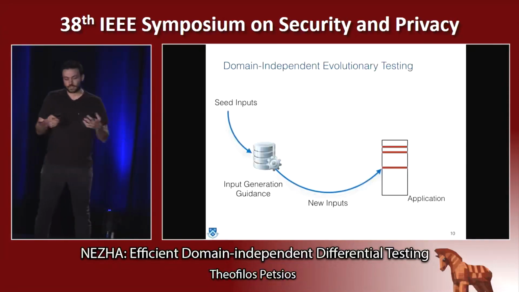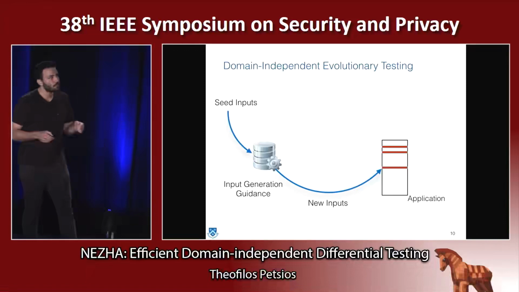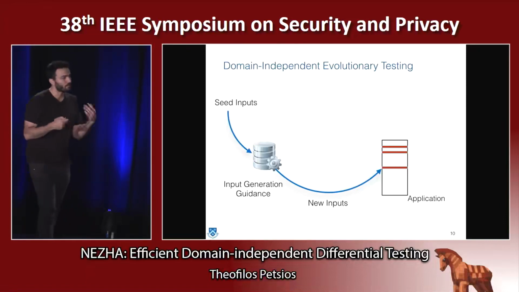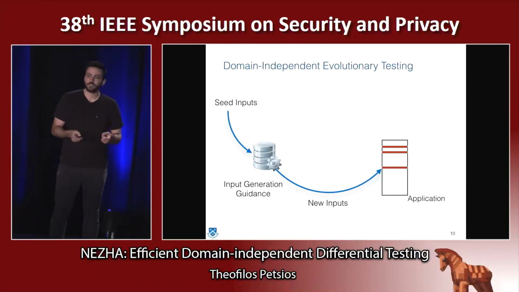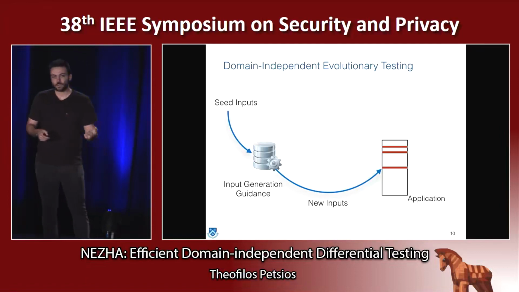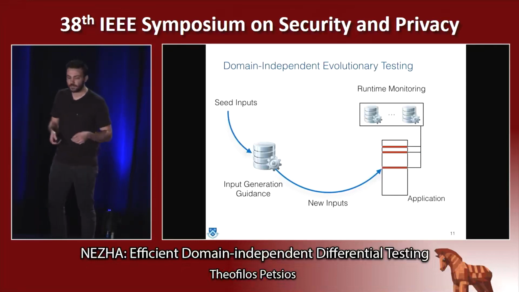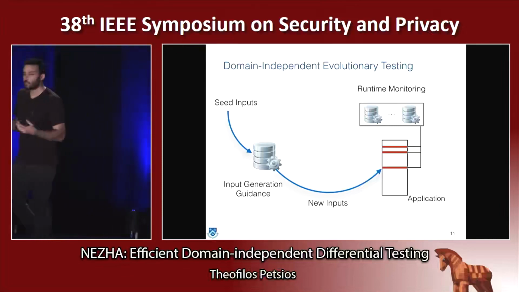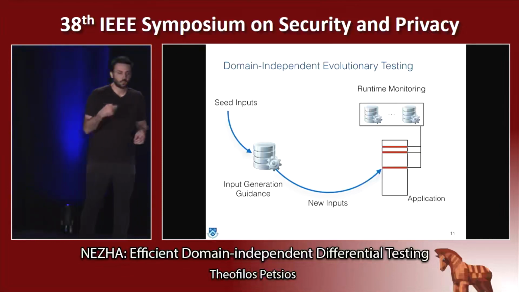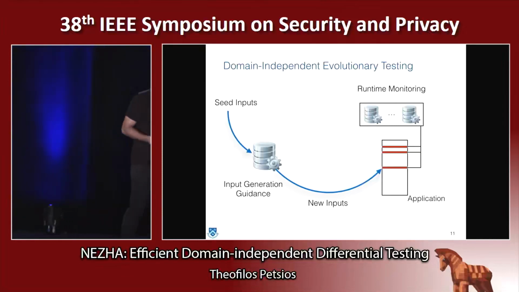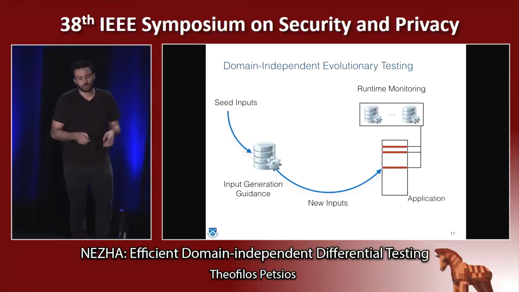So how can we achieve this domain independence? One technique that has been shown to be very successful in this domain is evolutionary testing. The way this works is that you start with a corpus of seeds, and then you pass these inputs to your application. The application has been instrumented to give you some information about its state, whether you discovered something new in the control flow graph, or whether you have some memory error.